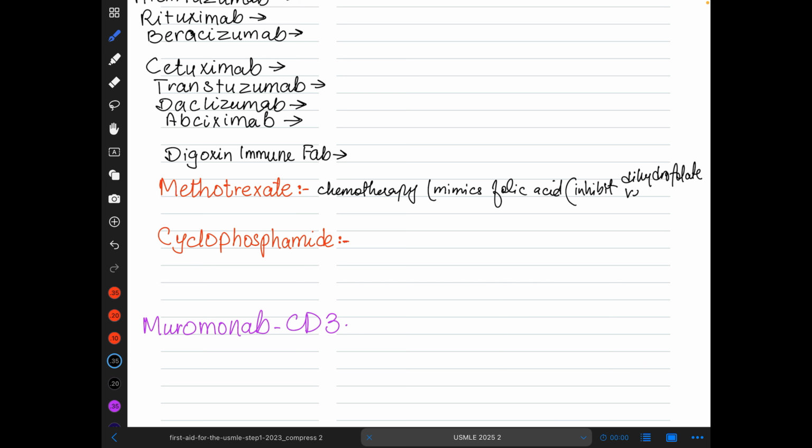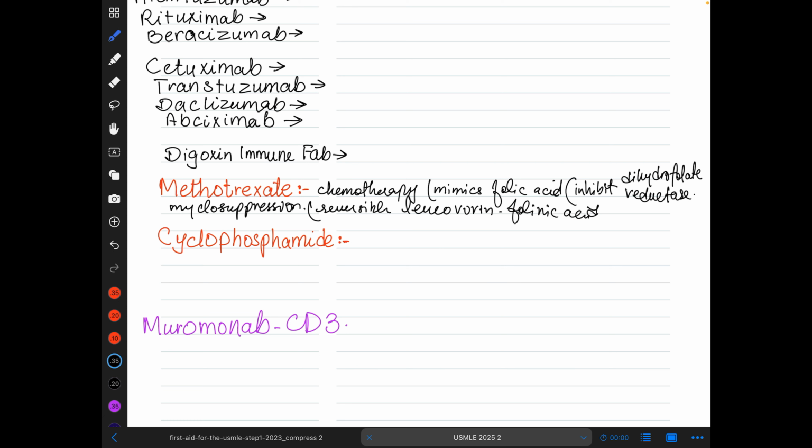Due to this there will be decreased formation of folic acid, and methotrexate's main side effect is myelosuppression, but it can be reversible with leucovorin, which is folinic acid.